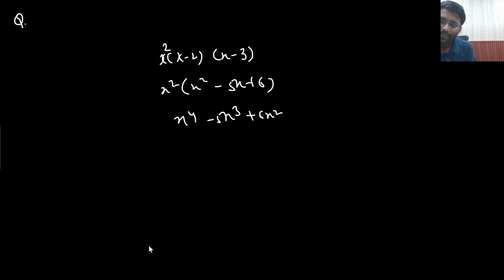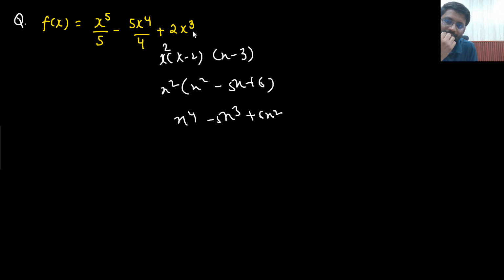I am writing down a question. The question is your fx is x to the power 5 divided by 5 minus 5x to the power 4 divided by 4 plus 2x cube. Is that clear to you?